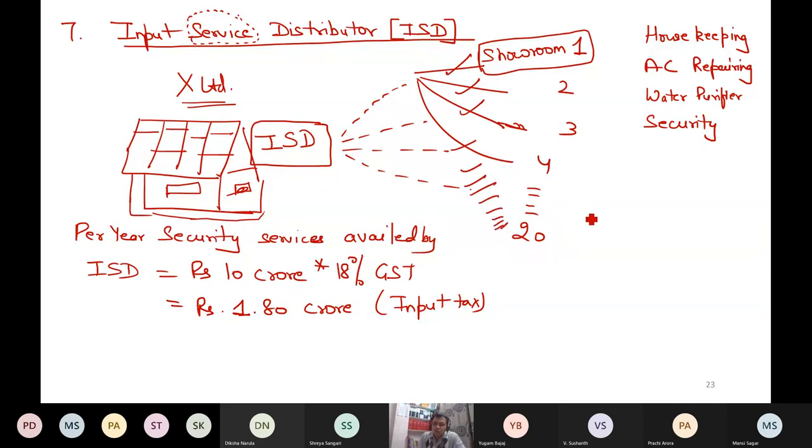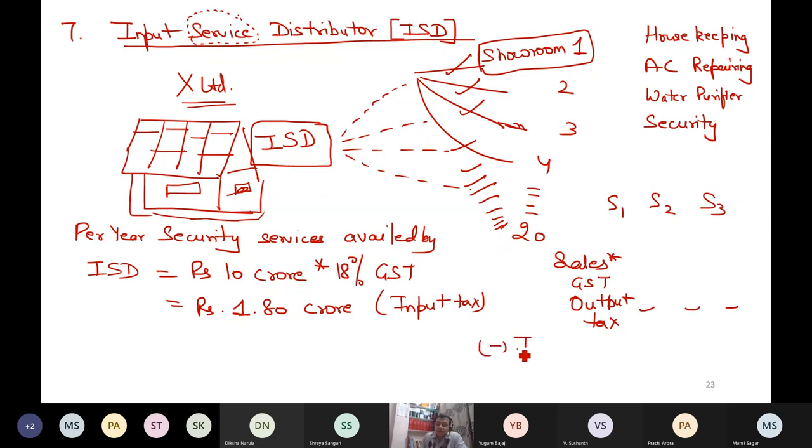Now, when these showroom 1, showroom 2, showroom 3 people show their sales into GST, this is their GST. You can say this is the output tax of showrooms. Sales into GST will be output tax. From there, logically they should deduct input tax credit on these security services on a proportionate basis, because it is logical.